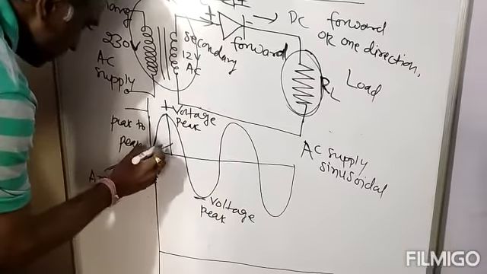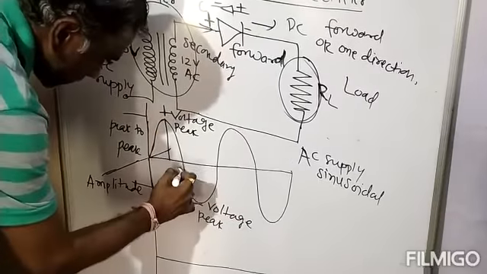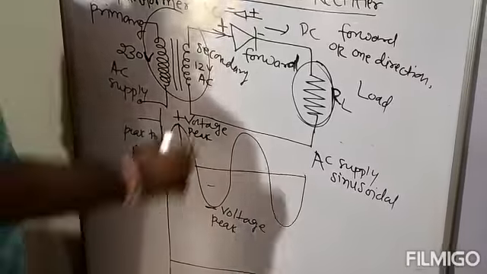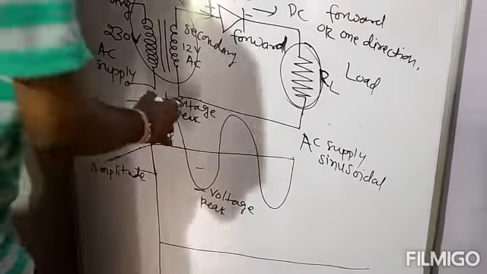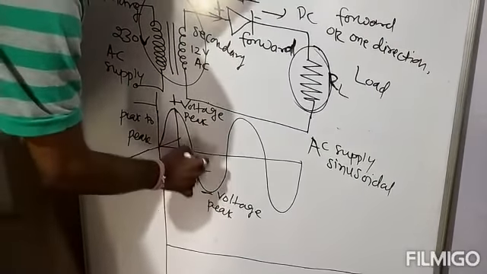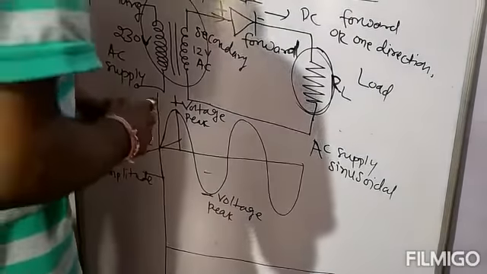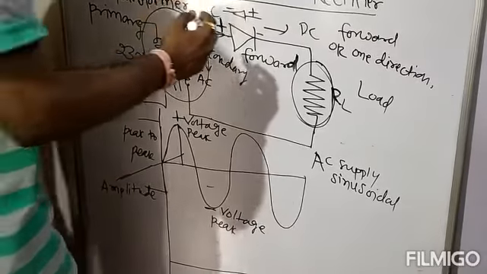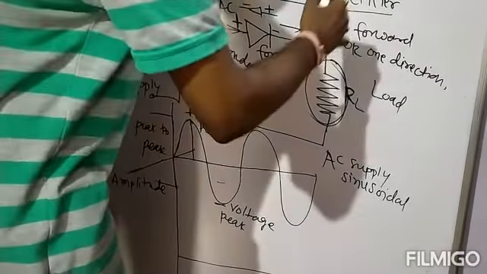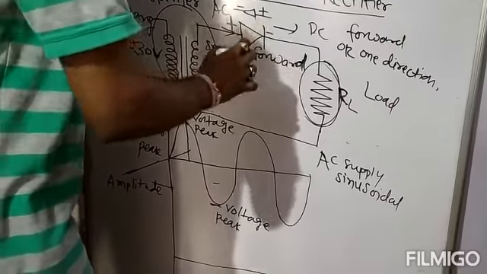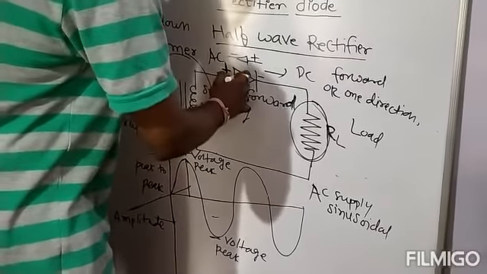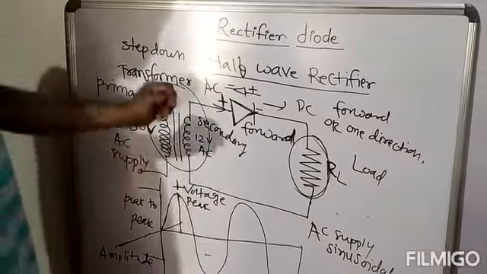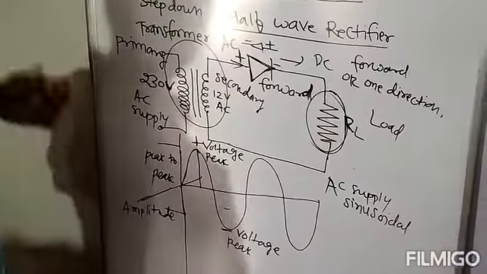One direction means it can work in a positive direction or in a negative direction. Depending upon the direction, we can use the positive half or the negative half. Whenever a supply is given to the diode and the diode is in forward direction, the diode conducts. Conducts means the circuit is closed, and hence there is a flow of electrons, and hence a flow of electric current through the circuit.